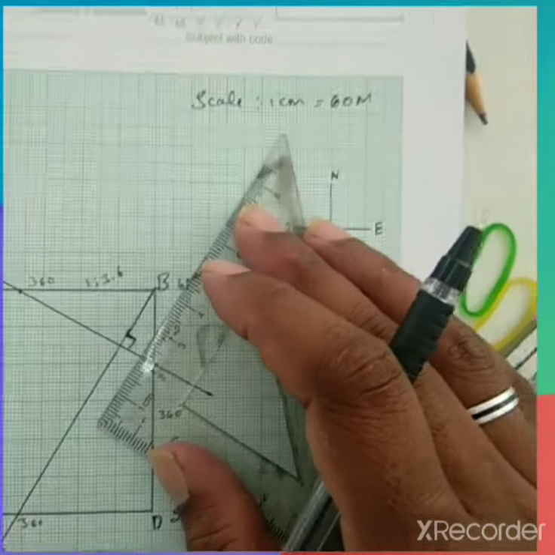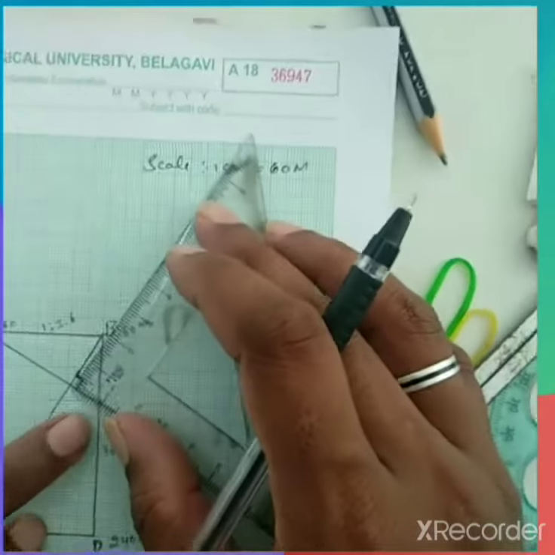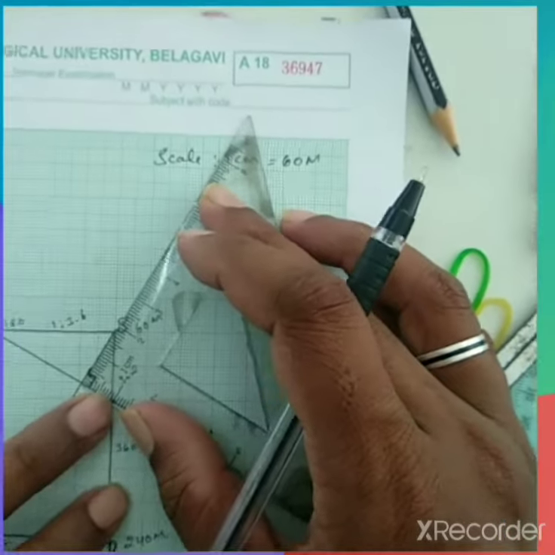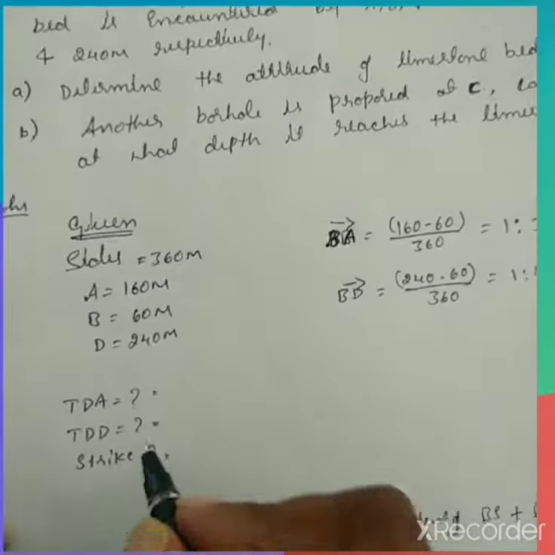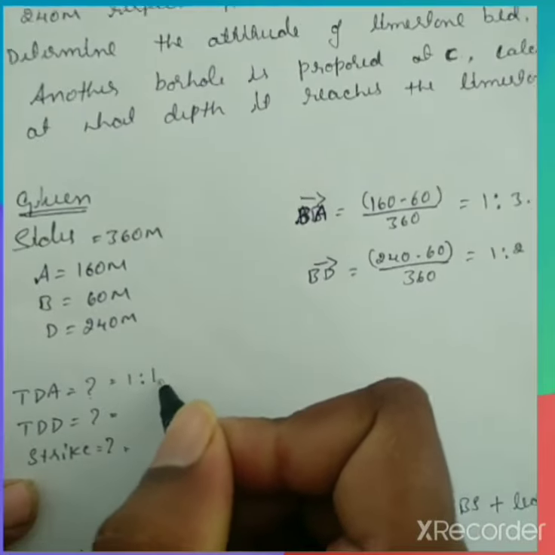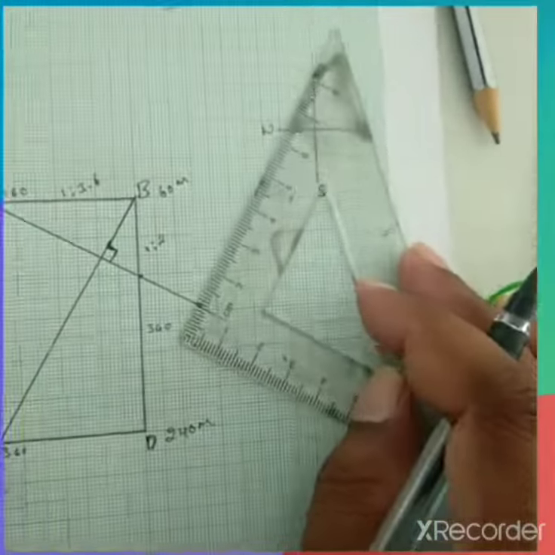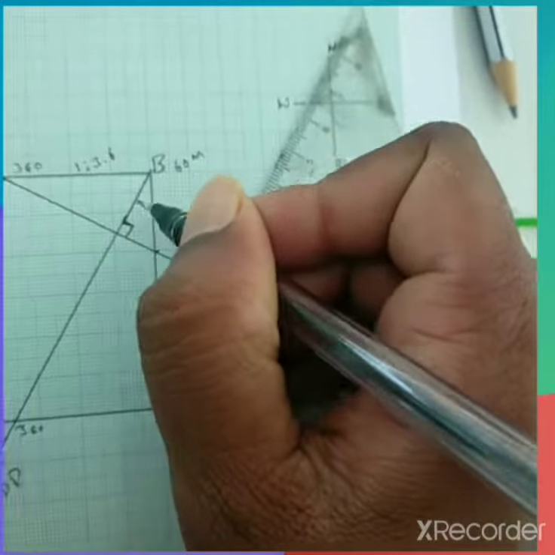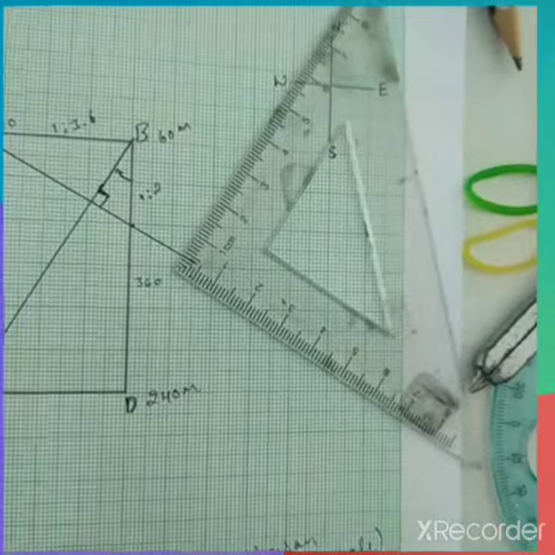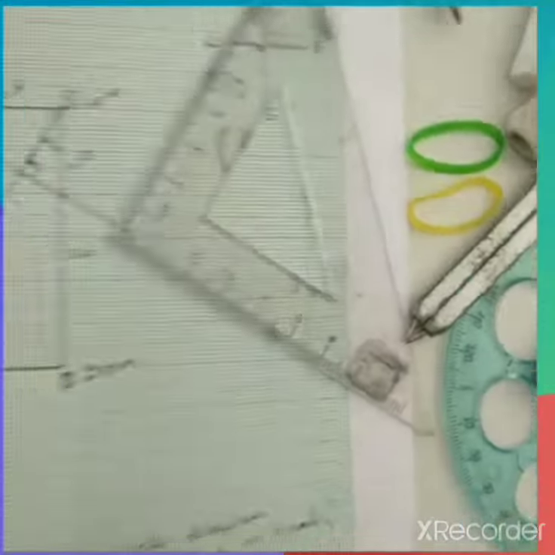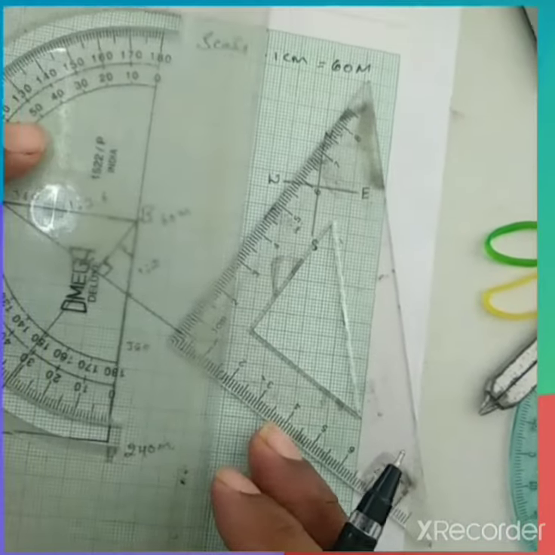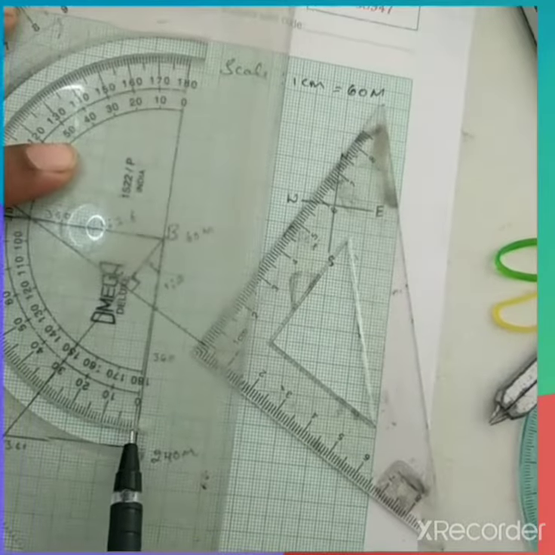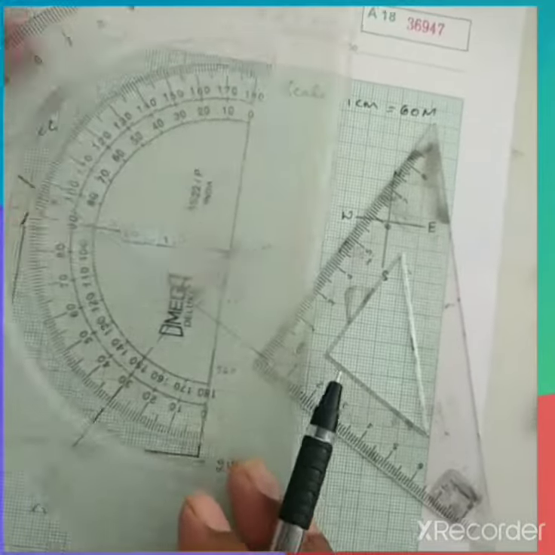The true dip amount is calculated here: 1 is to 1.8, and the true dip direction here from this to this, which means south 30° west.